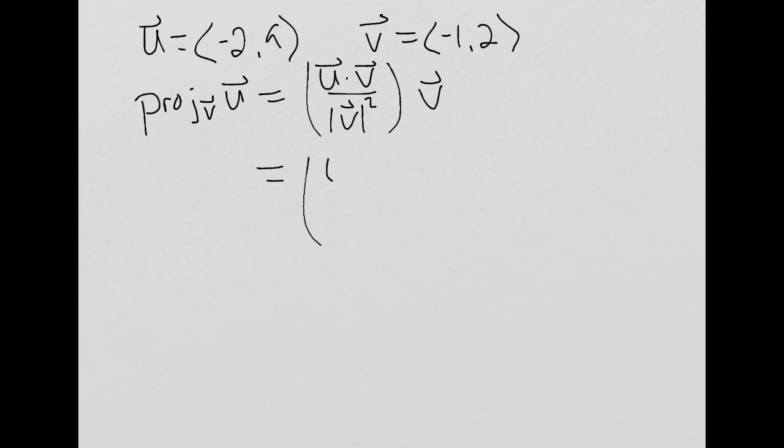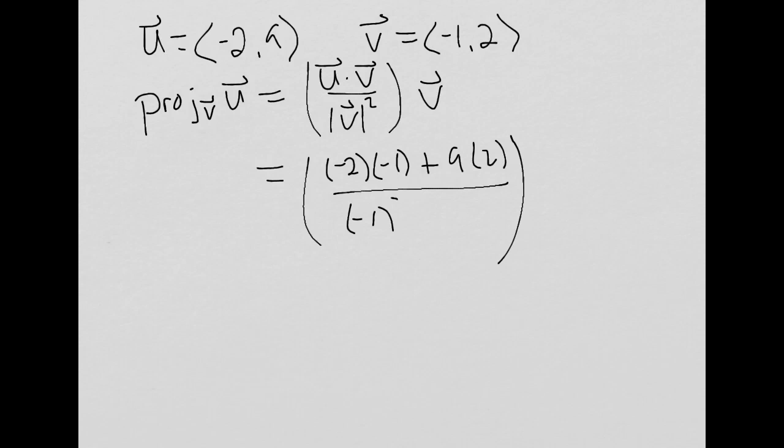I'm going to get negative 2 times negative 1 plus 9 times 2, all over negative 1 squared plus 2 squared. Notice I'm computing a magnitude here, but computing its square, so I end up not needing the square root down there. Nice and convenient. And then I should multiply that all by v, negative 1, 2.